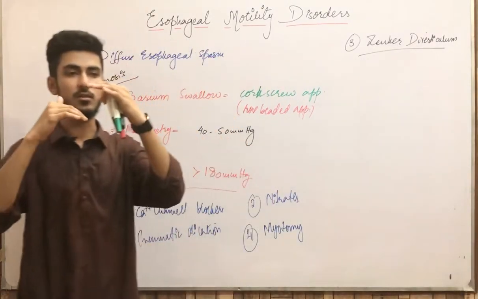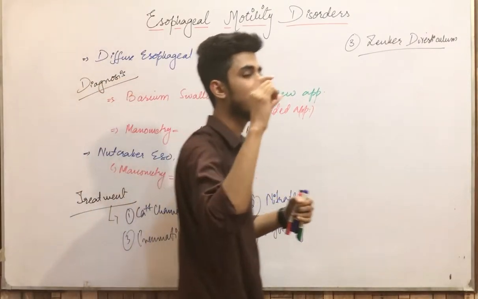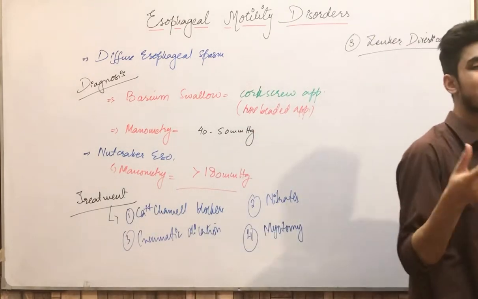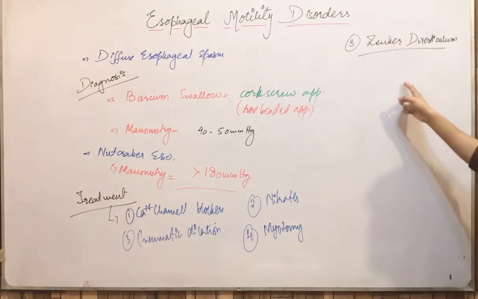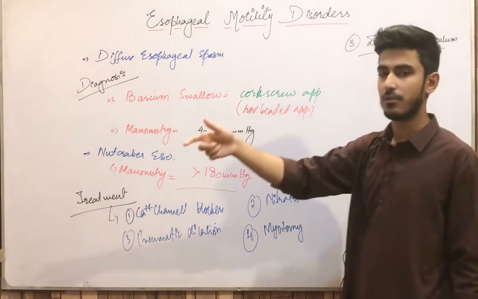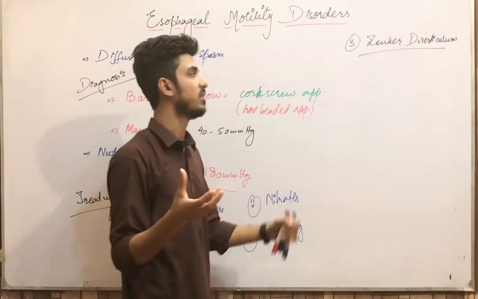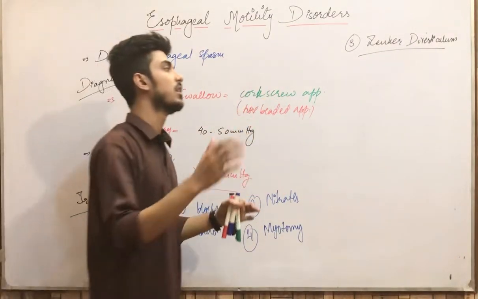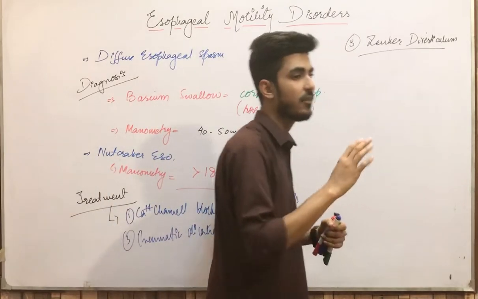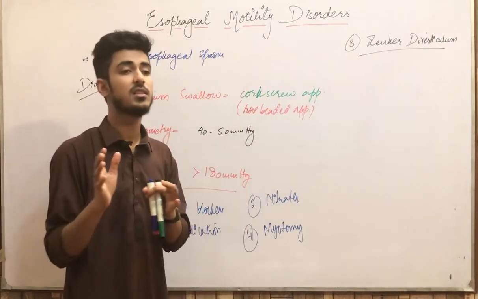Means in the cricopharyngeus muscle there is a weak point called Killian's dehiscence. From that part the esophageal part protrudes out in the form of a pouch, and that is called the Zenker diverticulum. Clear?